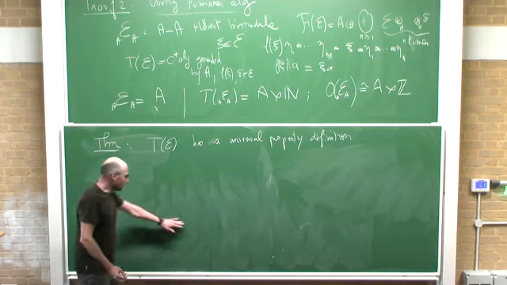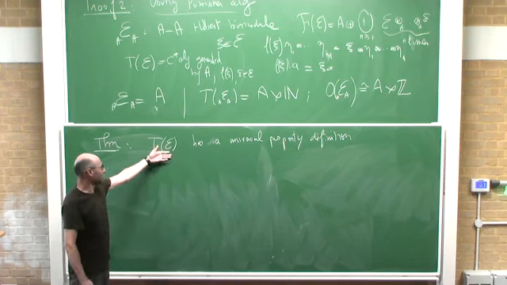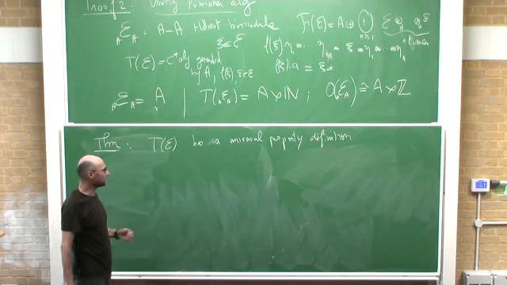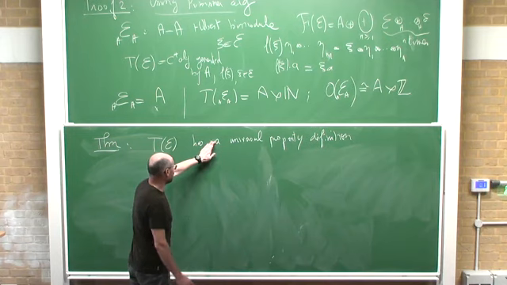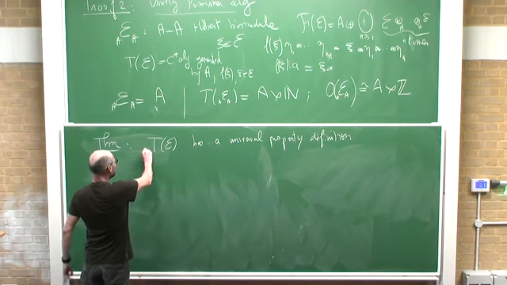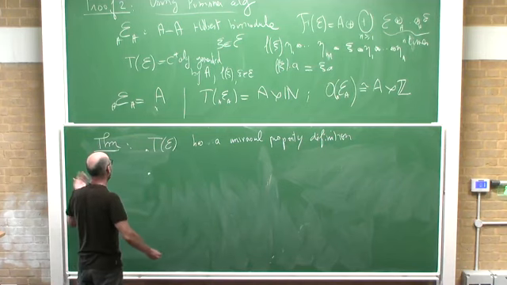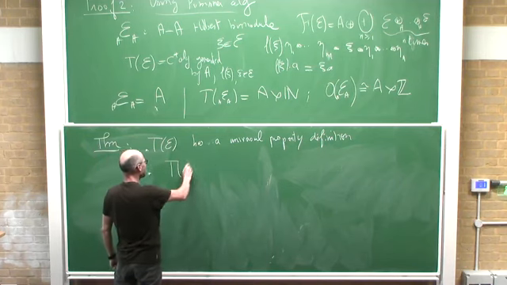You have to know when something is a representation of this algebra, and actually it's very easy because of this universal property.